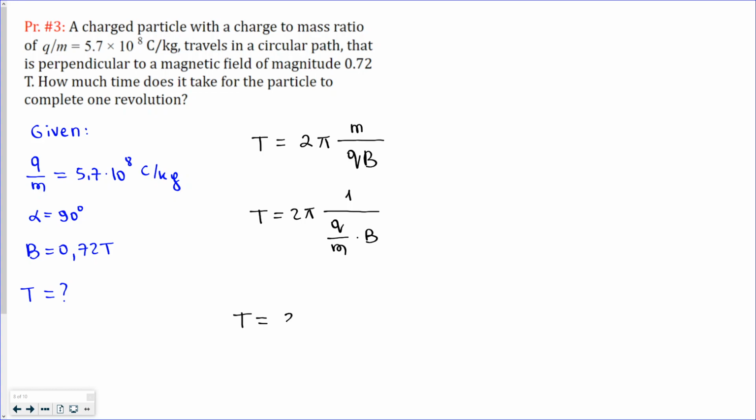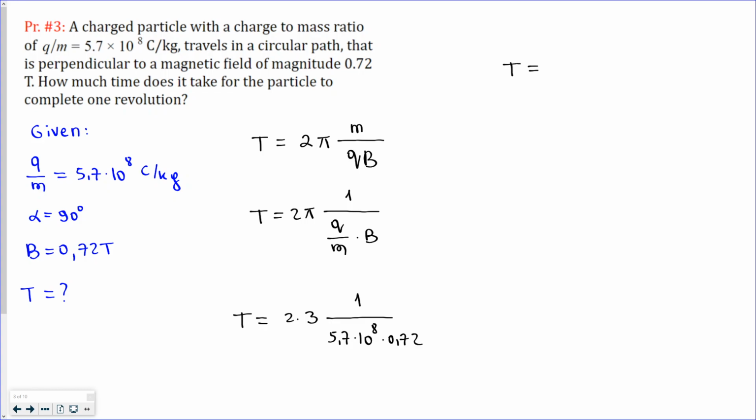2 pi I will use as 3, over q over m, which is 5.7 times 10 to the power 8, multiplied by magnetic field strength 0.72. For the final answer, you can use a calculator.